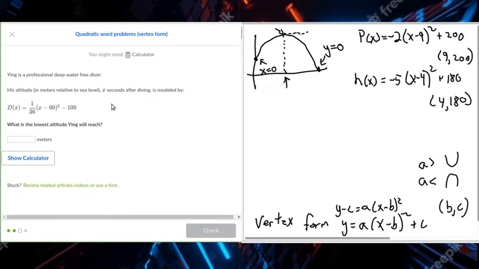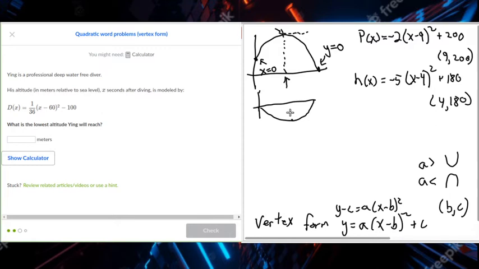All right, our next one. Ying is a professional deep water free diver, so I think he's going to be diving under the water. Let me draw a different one here. I think he's going to look like that.